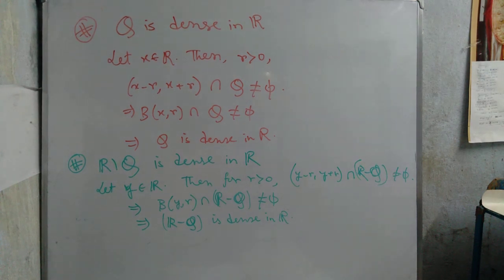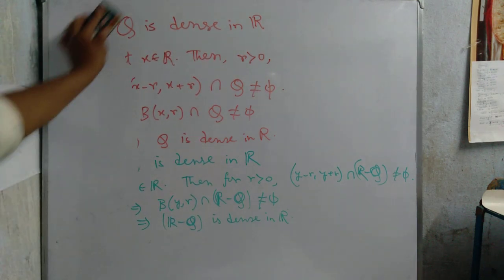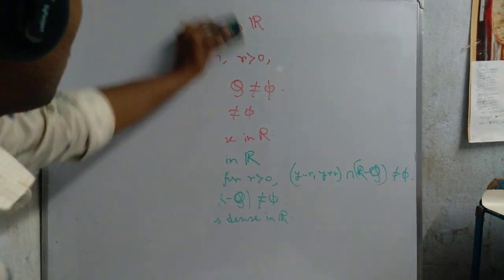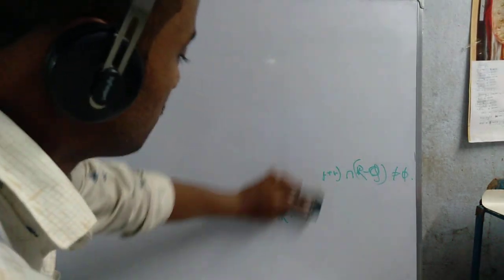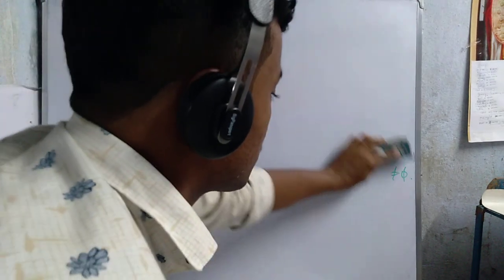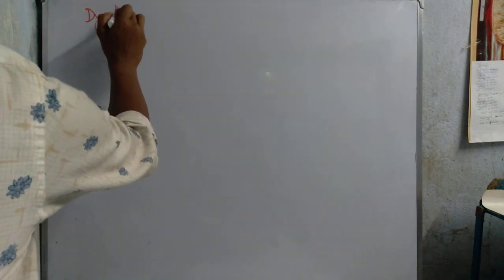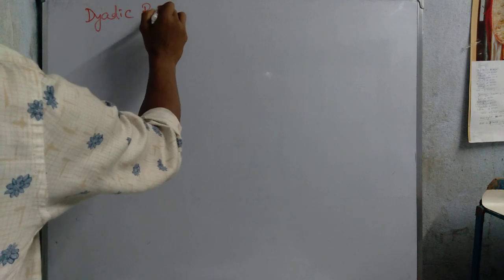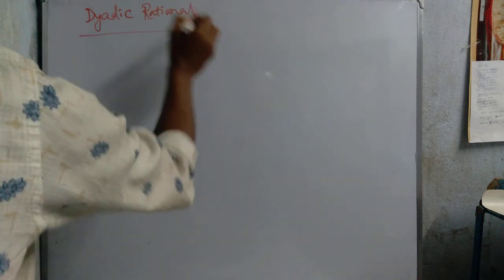Next we discuss another topic. We know about one important kind of rational numbers, the dyadic rationals. Some know it, some do not, but first we talk about this rational, then we show it is dense in R. What do we write here?